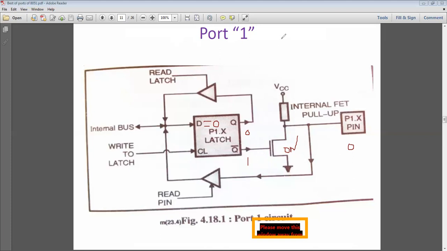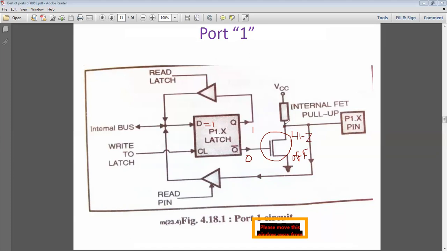If we want to transmit a 1 over here, we need to make D equal to 1. So Q will be equal to 1 and Q bar will be 0. When Q bar is 0, this will be off, and when it is off, this point again comes to a high impedance state.